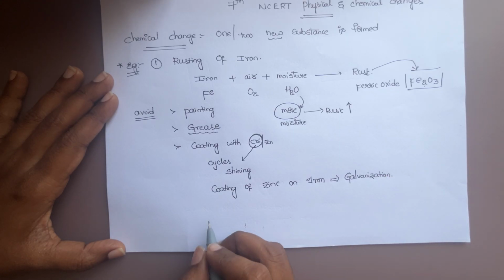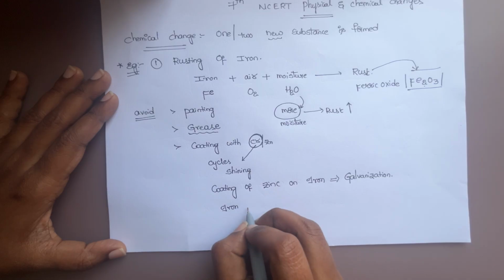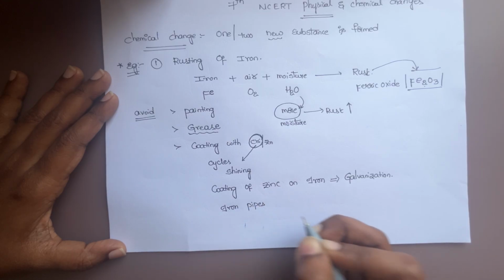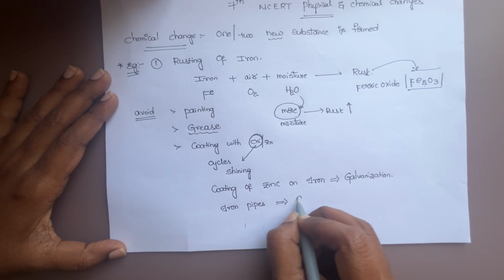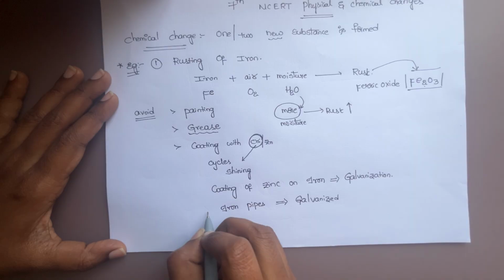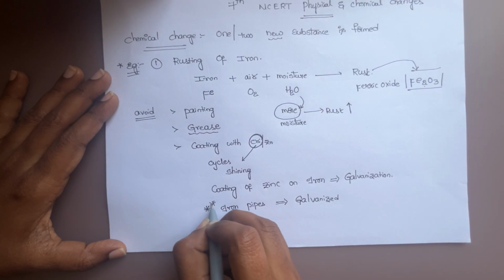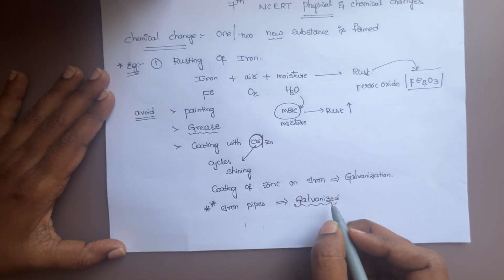If you observe the iron pipelines at our homes, these iron pipes usually do not undergo the rusting process. Why? Because all these pipelines are galvanized. Why are our iron pipelines at homes not undergoing corrosion? Because they are galvanized.